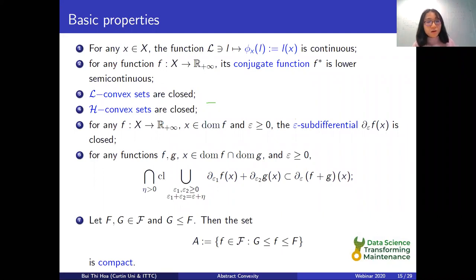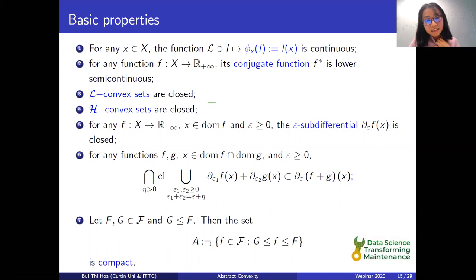One of the most important reasons why we start with a topology on X star is the Banach-Alaoglu theorem, which says that the unit ball in X star is weak star compact in the weak star topology, and we have a similar result, a similar extension, here.